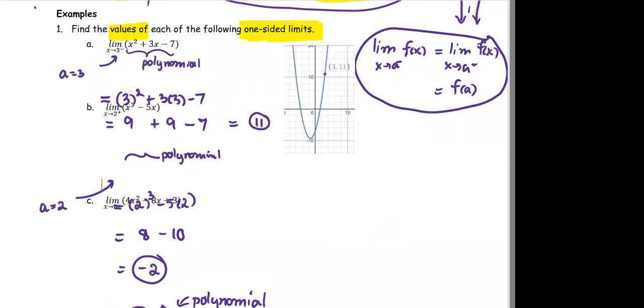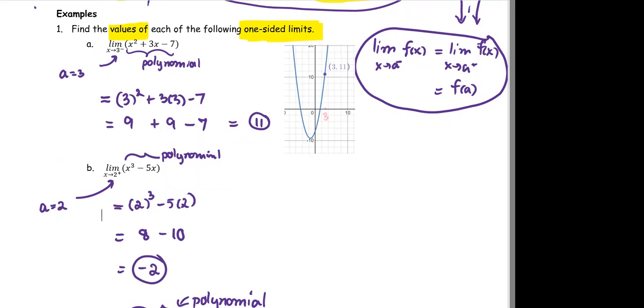To explain a little bit more, for this case, the function is represented as the parabola graph, and you are going to find the limit, and the point 3 is right there.